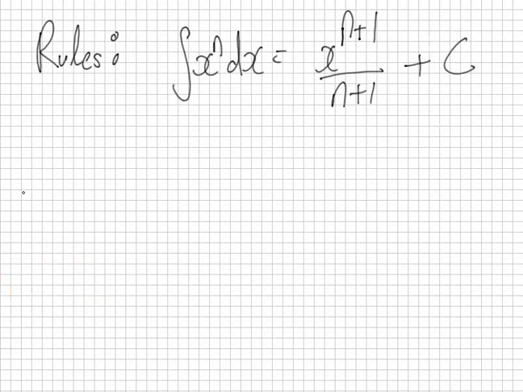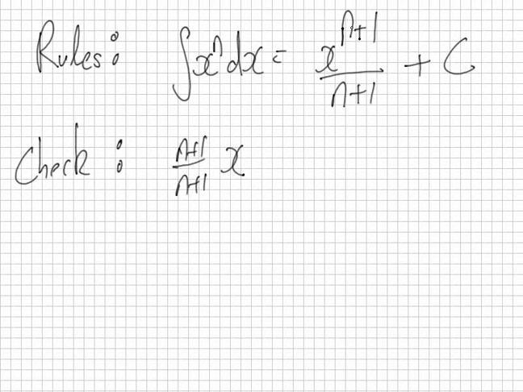Now, let's check that this rule works. Let's check. So, this rule is only right if the derivative here gives me what? No? What should this give me? The original, the x to the n. Yep. So what do I do when I want the derivative? What's the normal derivative rule? Bring the power down, and then the power loses 1.